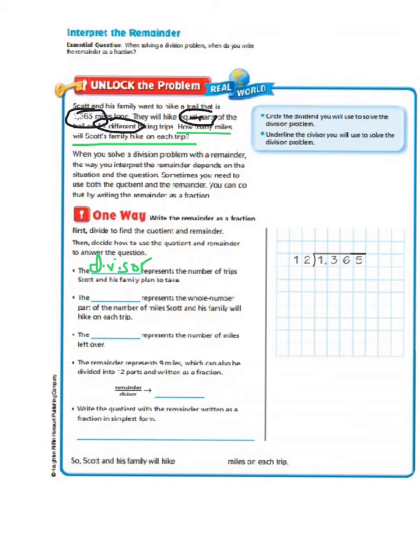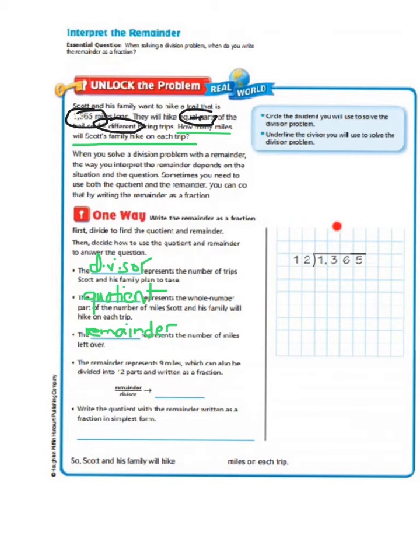The quotient represents the whole number part of the number of miles Scott and his family will hike on each trip. The remainder represents the number of miles left over. So the remainder represents 9 miles, which can also be divided into 12 parts and written as a fraction.